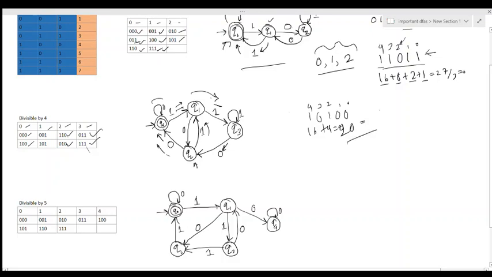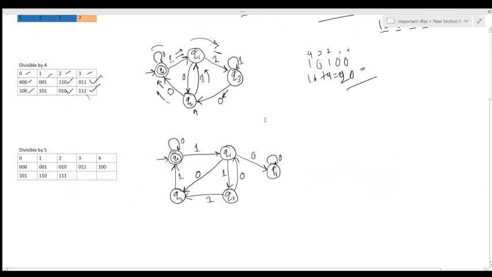So this is a DFA which recognizes any string divisible by 4. Similarly, we can also obtain a DFA for divisibility by 5. In the case of 5, we have remainders 0, 1, 2, 3 and 4.